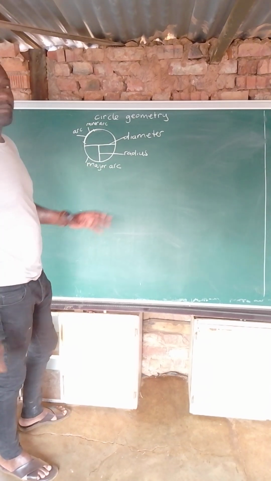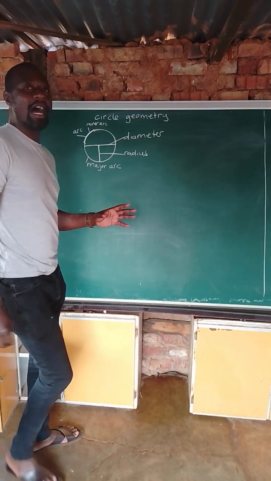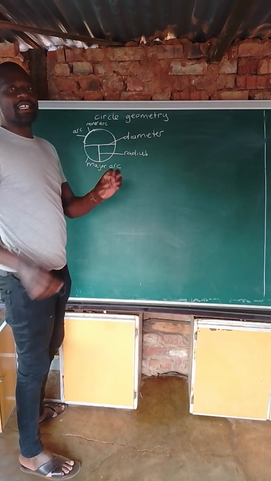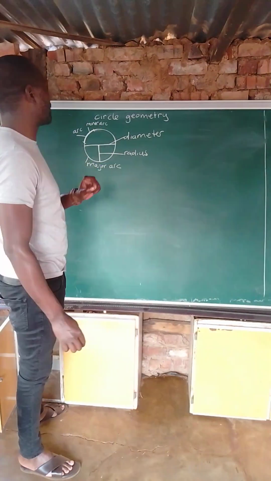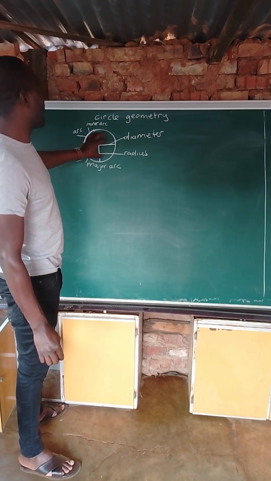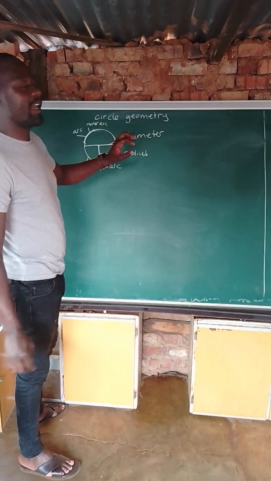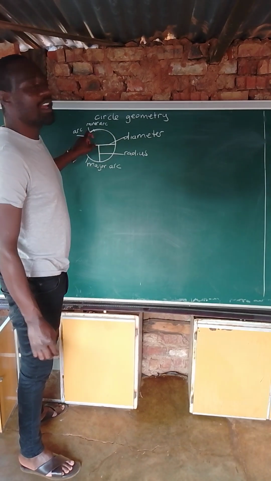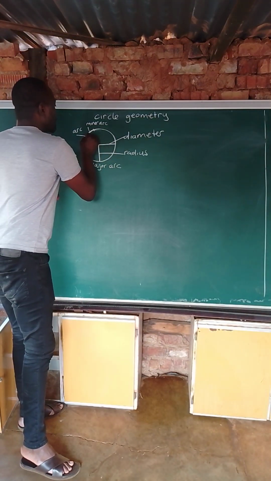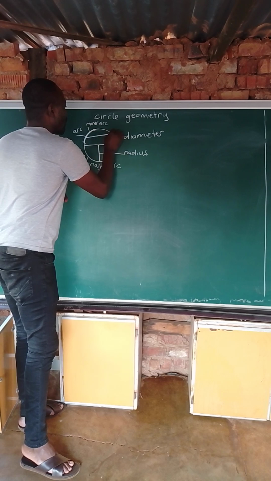So, now we go again. There is a line which doesn't pass through the center of a circle, but it passes through the circle, touching any two points on the circumference.